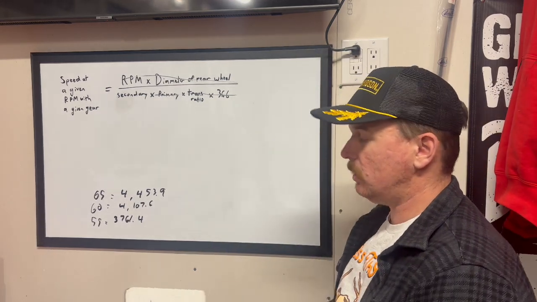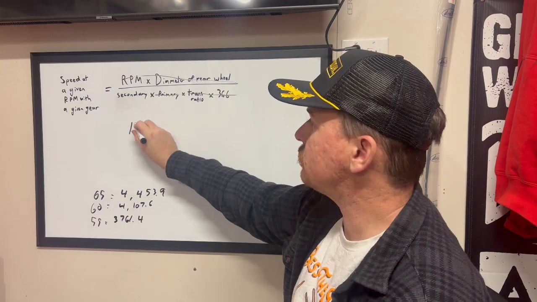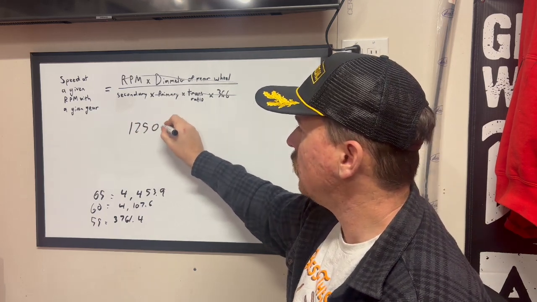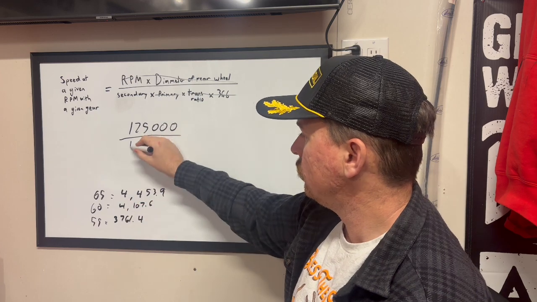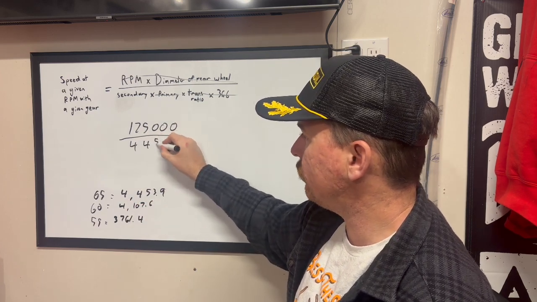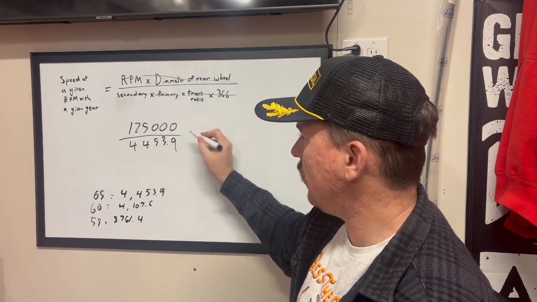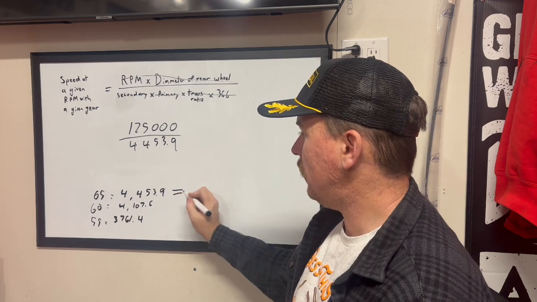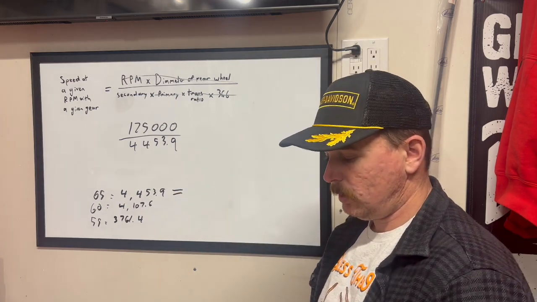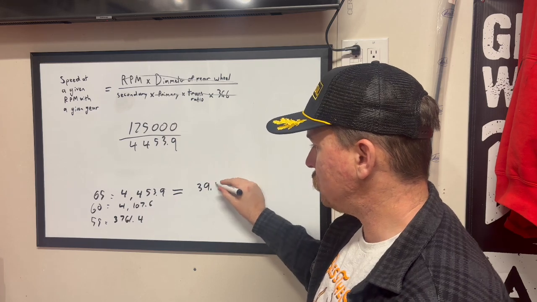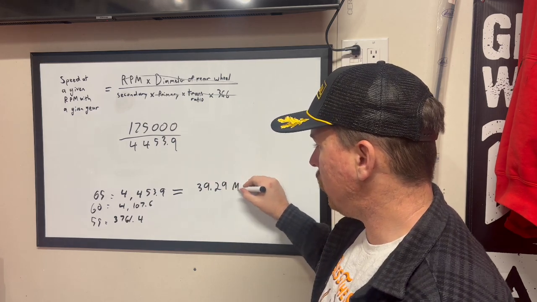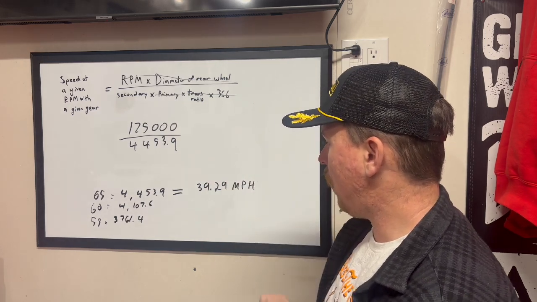We take our 175,000 and divide it by 4,453.9, and that gets us 39.29 miles per hour.